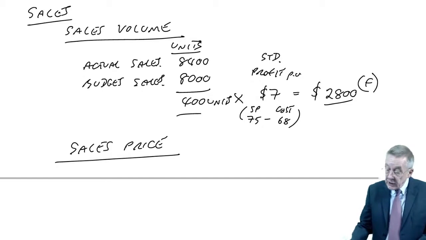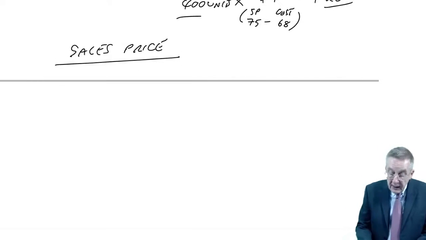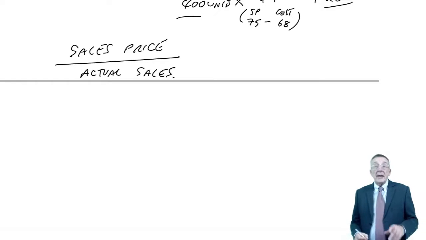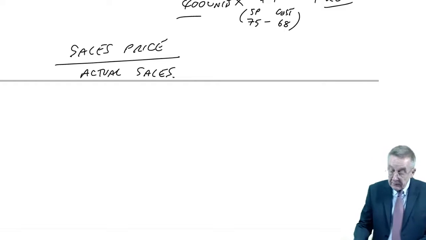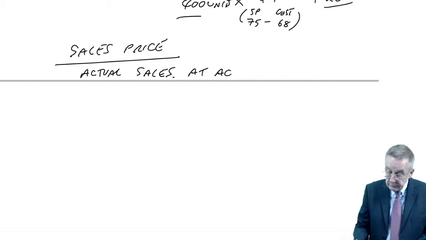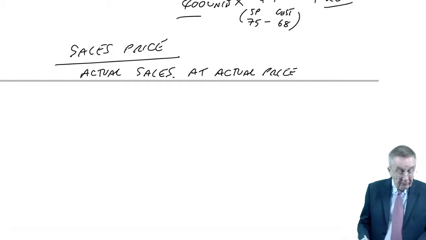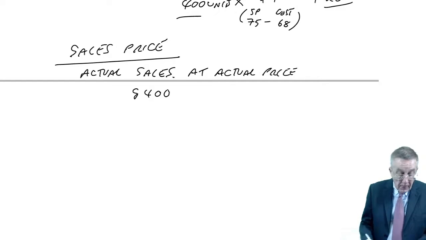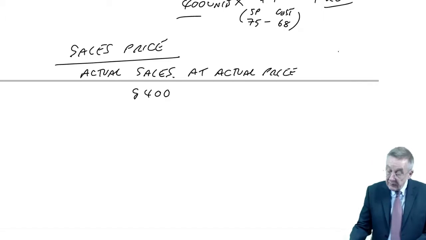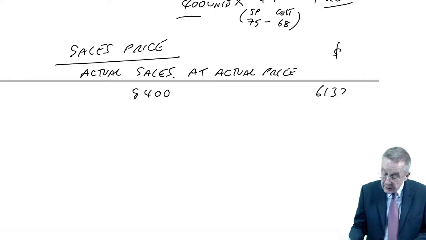So to get the effect of a change of sales price, we take our actual sales and compare what we actually sold them for. We actually sold 8,400, and in total we sold them for 613,200.